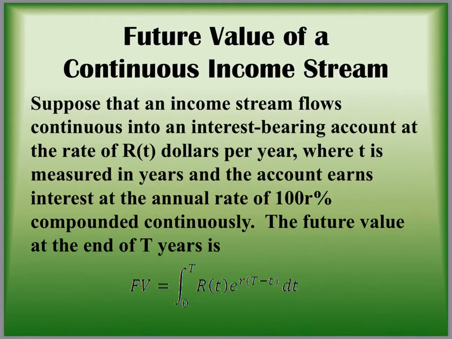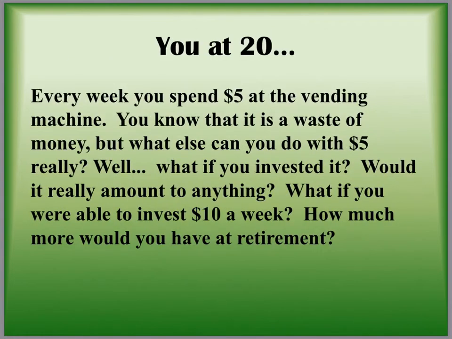Usually when you work with a financial advisor, they can tell you, for example, how a specific mutual fund or stock fund has done over the past years, and you can use that as the interest rate. And this capital T right here is the number of years you'd be investing for, and the lowercase t is the time as it passes. So we're going to use this setup with a bit of information specifically for our question.